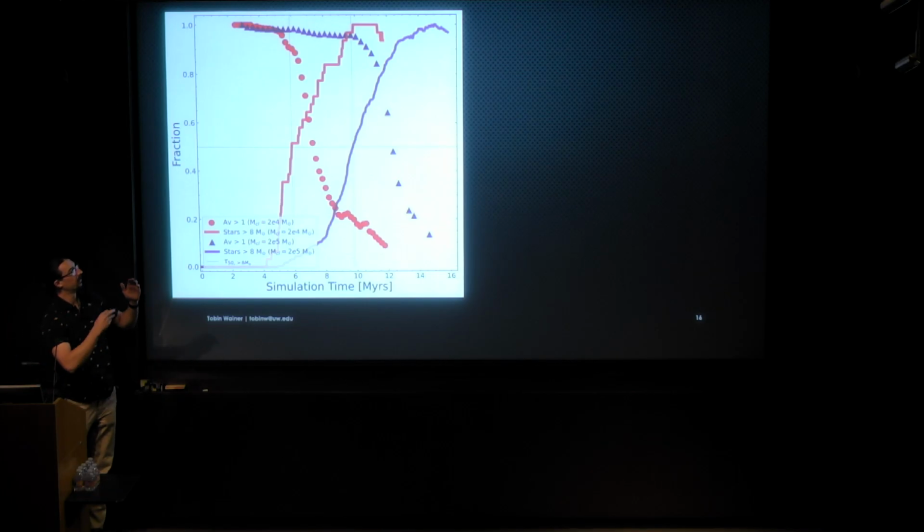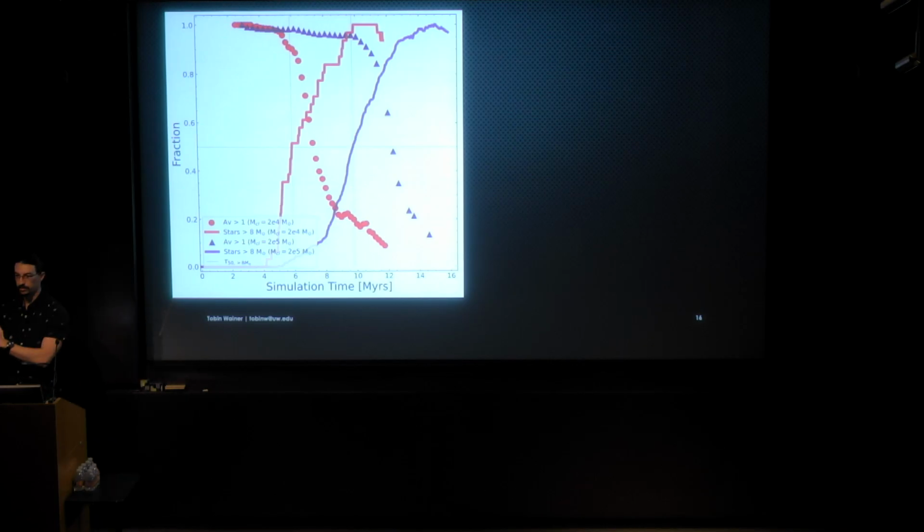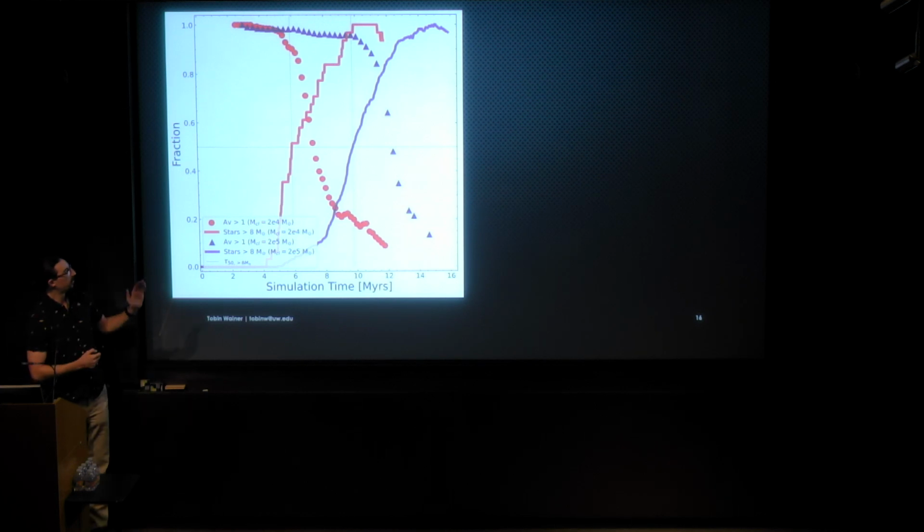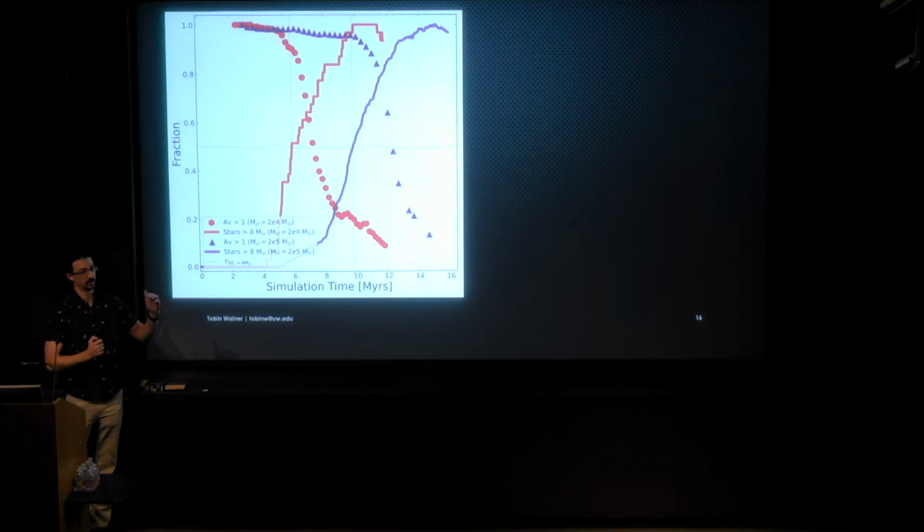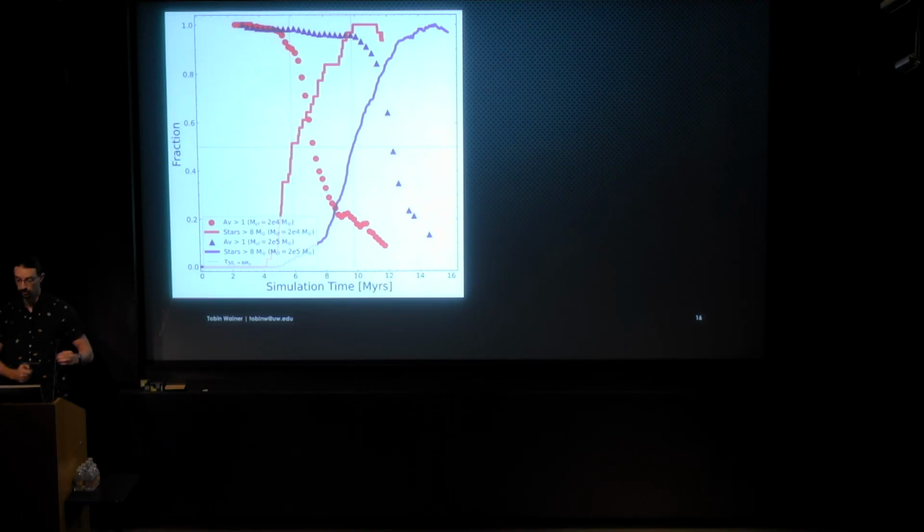Importantly, at these late time stages of the simulations, we've already seen the gas being efficiently cleared out from the simulation, suggesting that pre-supernova feedback is efficient and it's not required that we have supernovae to entirely clear out the region of gas. Now, importantly, both of these simulations experience the same general trend in terms of the extinction, as well as the number of high mass stars that have formed at each simulation snapshot.